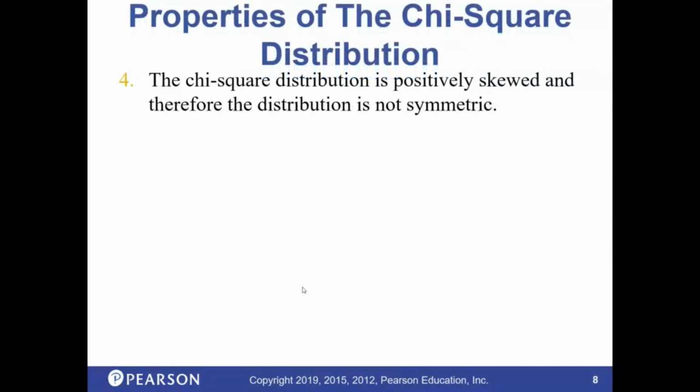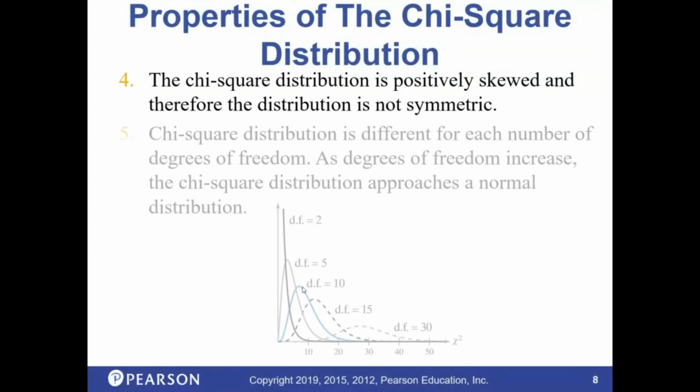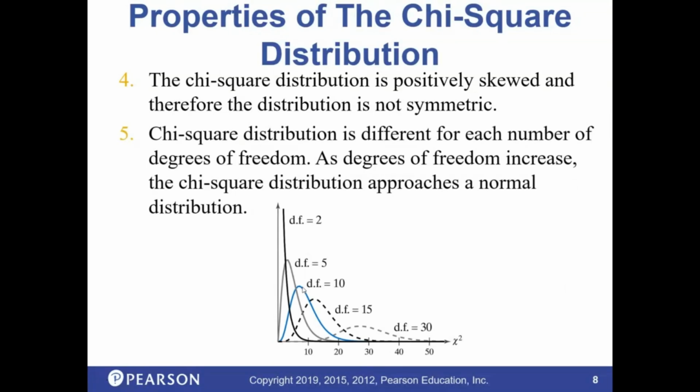The chi-squared distribution is positively skewed, and therefore the distribution is not symmetric. The chi-squared distribution is different for each number of degrees of freedom. As the degrees of freedom increase, the chi-squared distribution approaches a normal distribution. So you can see on our black graph here when the DF is 2, and then on the gray graph, the DF is 5.